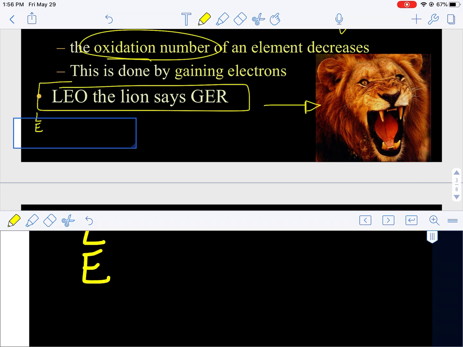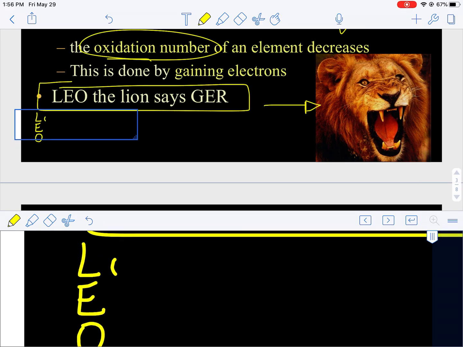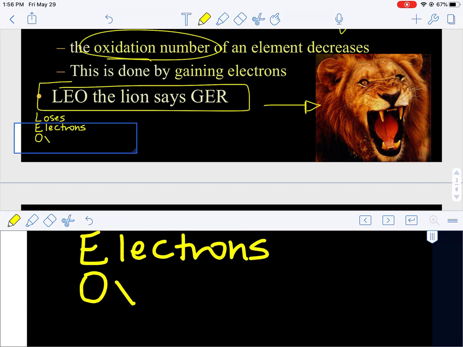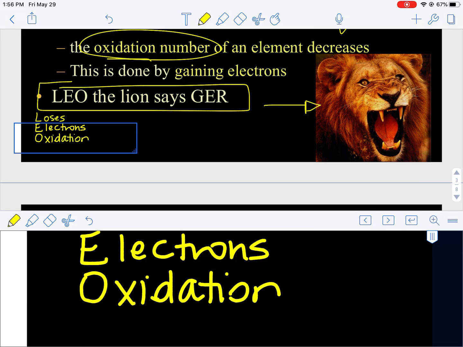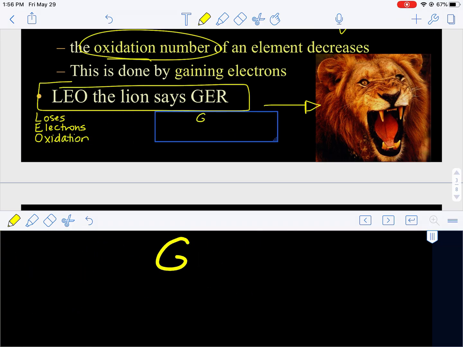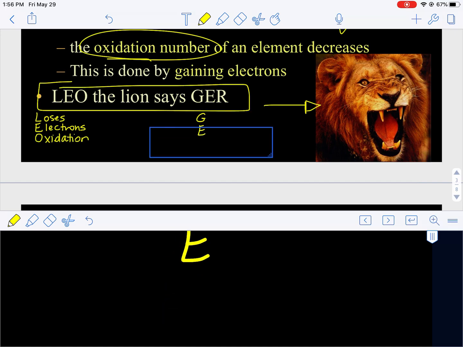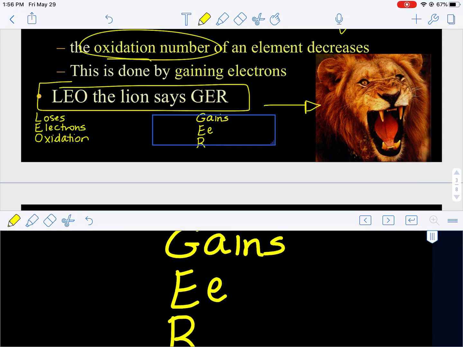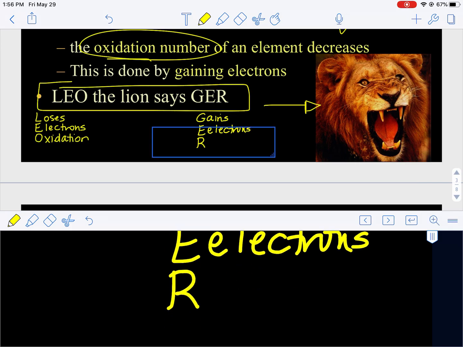Leo stands for loses electrons, oxidation, and grr, what the roar sounds like, stands for gains electrons, reduction.